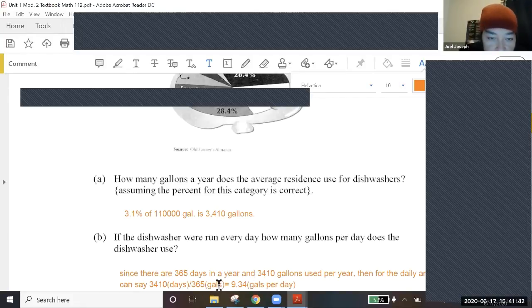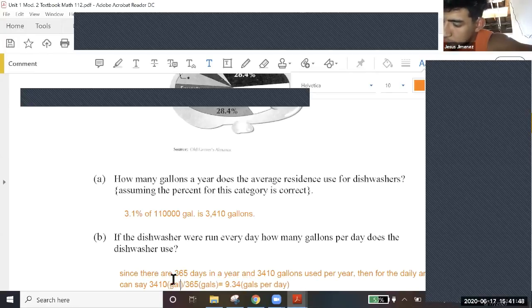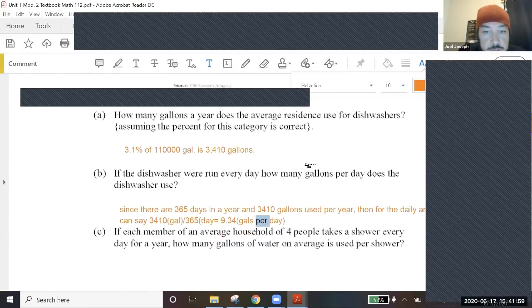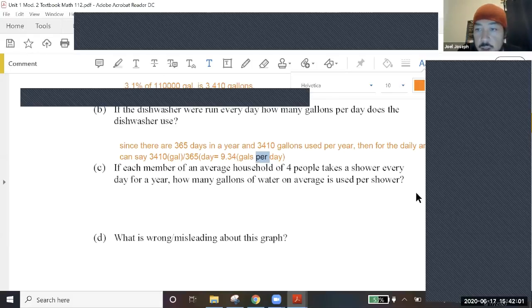Oh, I have that backwards. Oh man, I did it backwards. Gallons here and days here. This division bar is exactly what translates to this word per, right? Okay.